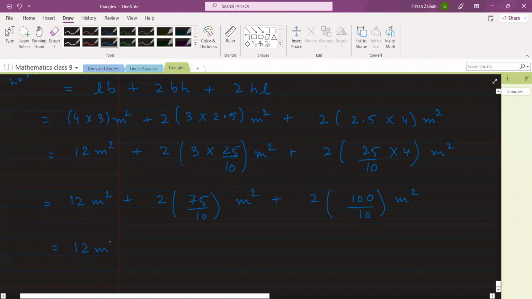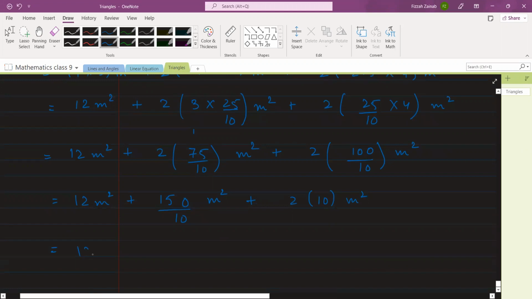So 12 meter square plus, 2 into 75: 2 into 5 is 10, carry 1, 2 into 7 is 14 and 1 is 15. So 150 divided by 10 meter square plus, okay, so only 10 is remaining now. So 2 into 10 meter square, right? 10 is gone.